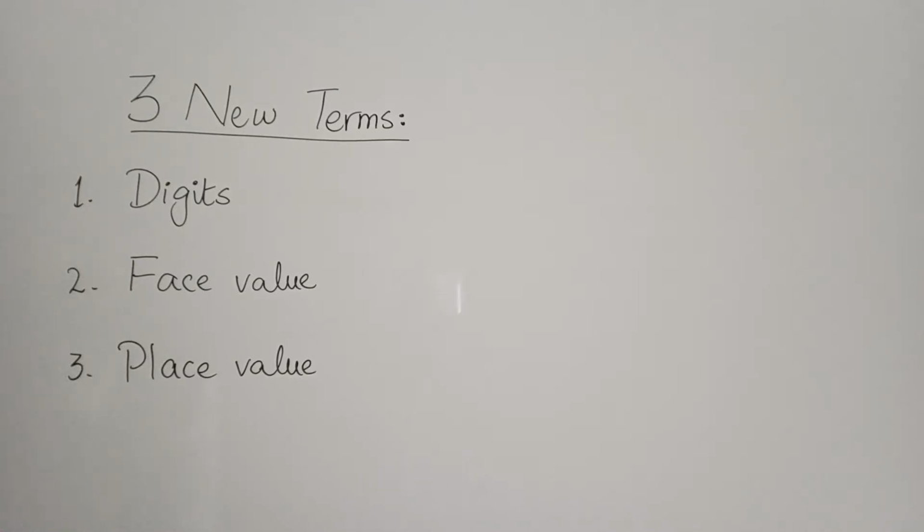These three terms will help you to decode the numbers so that you will be able to read and find out how much each number is worth. So let's get started.